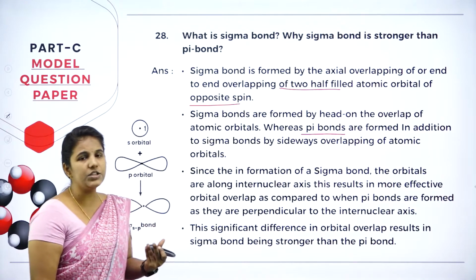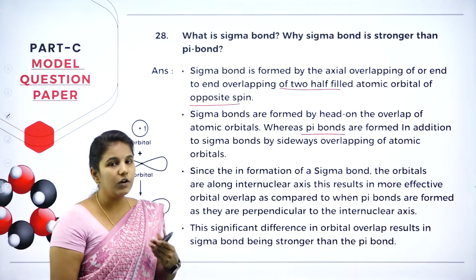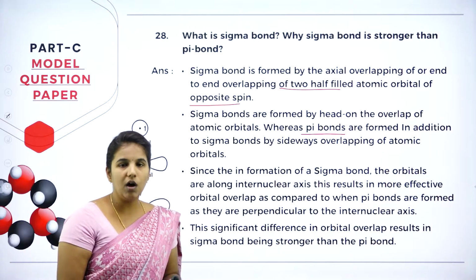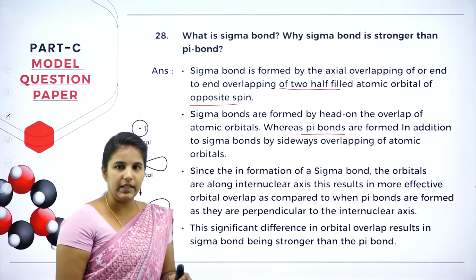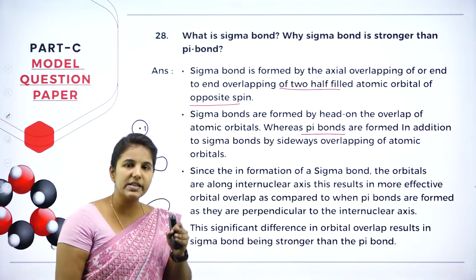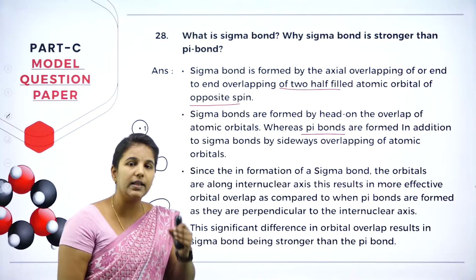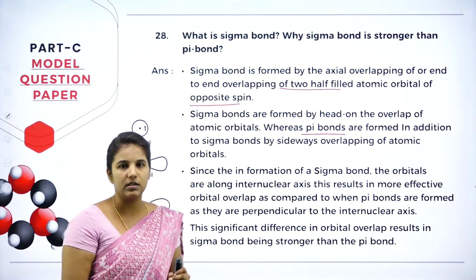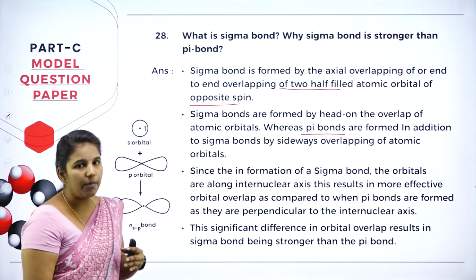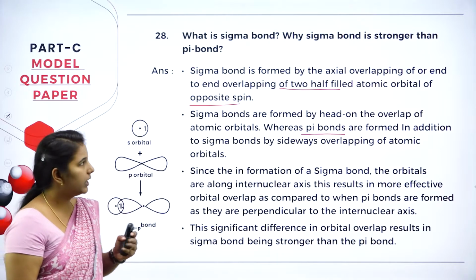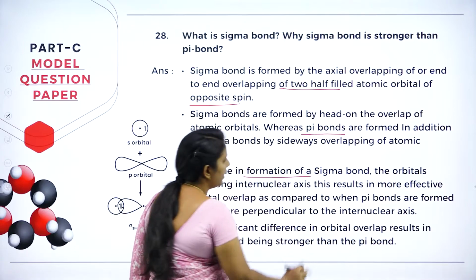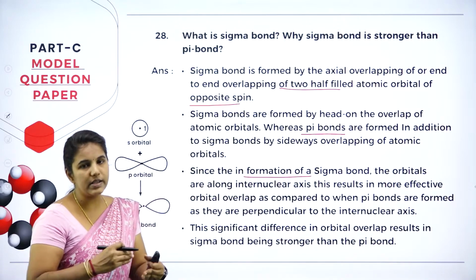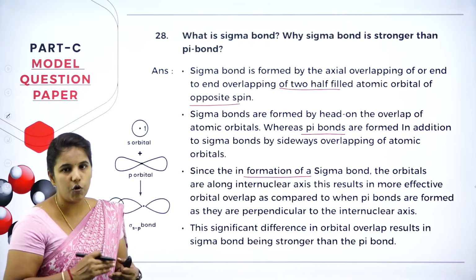In the examination, it's enough to define what a sigma bond is and how it is formed. But in the same question, you may be asked why sigma bonds are stronger than pi bonds. That is mainly because the formation of a sigma bond always takes place by axial overlapping.